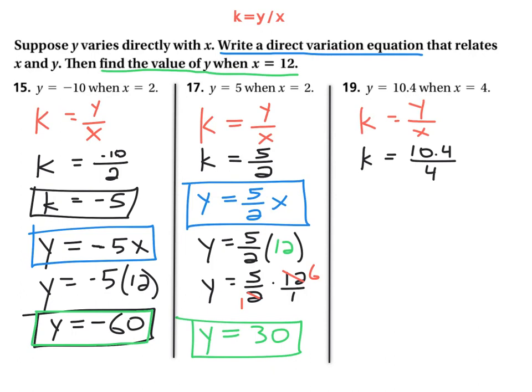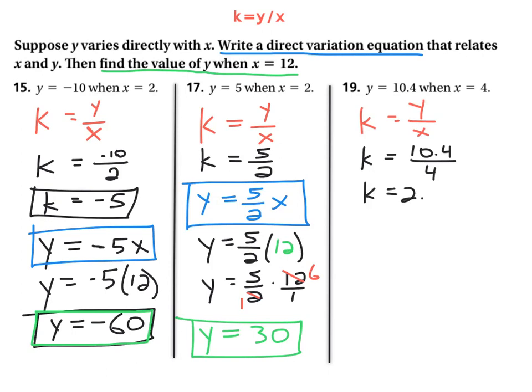Bring down the 4. 4 goes into 24 6 times. 6 times 4 is 24. And the decimal goes straight up to become 2.6. So the k value is, as a decimal, 2.6, and we'll use that to write our equation.